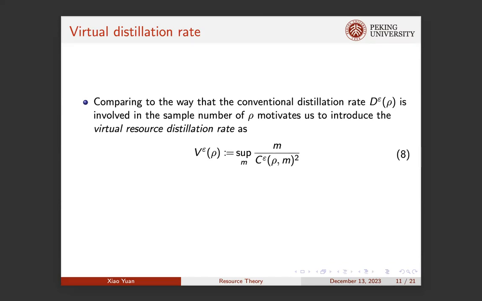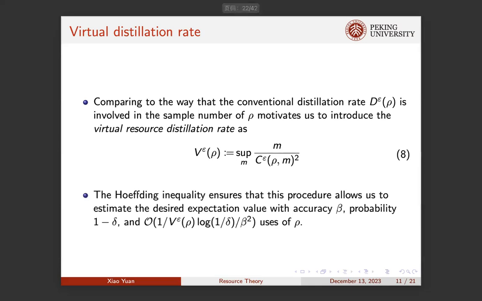Comparing the definition to the conventional distillation, since the overhead makes the measurement outcome much larger, we need more measurements. Then we need to normalize the m copies by the c squared. Why do we need the c squared? Because this generally comes from the shot noise or statistics requirement.